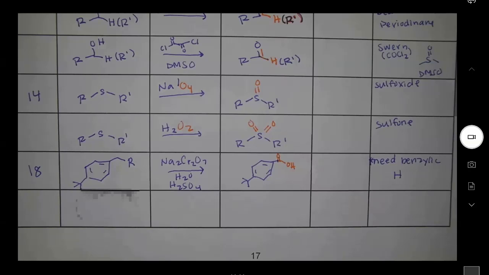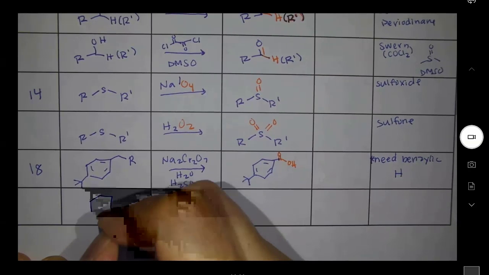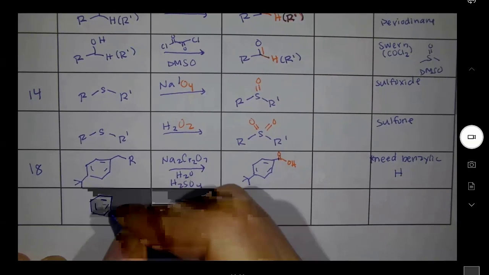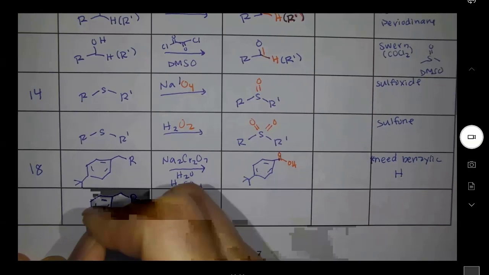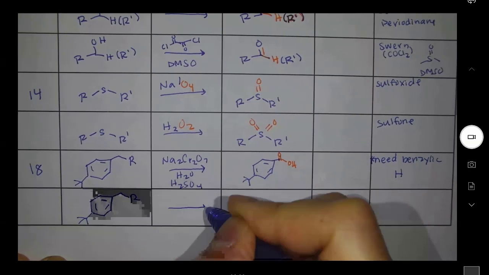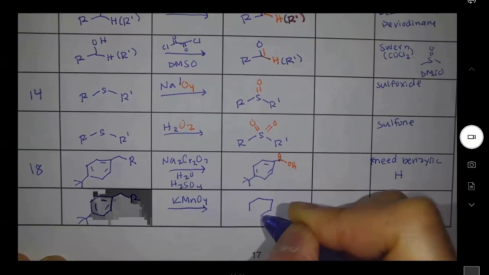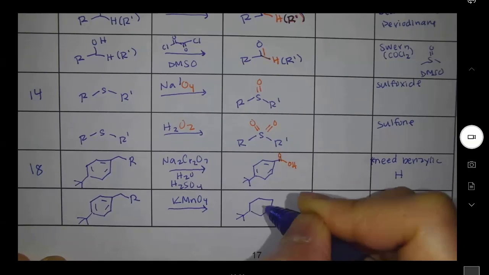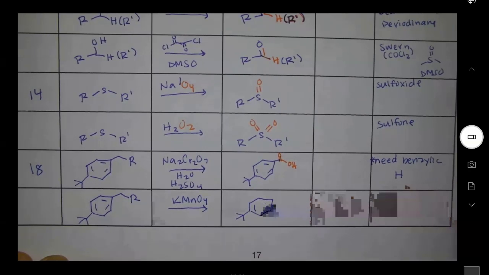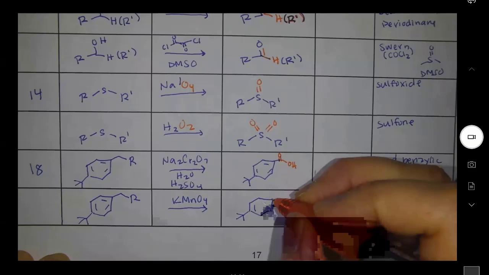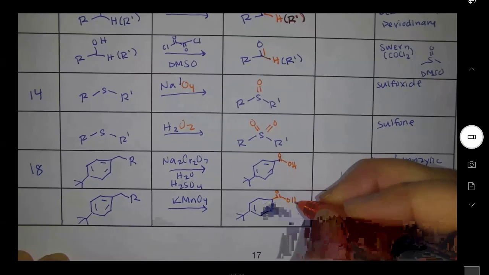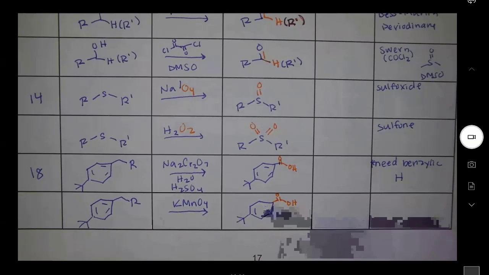All right, and then the next reaction is the same thing, but with KMnO4. So KMnO4 and the sodium dichromate have very similar properties.